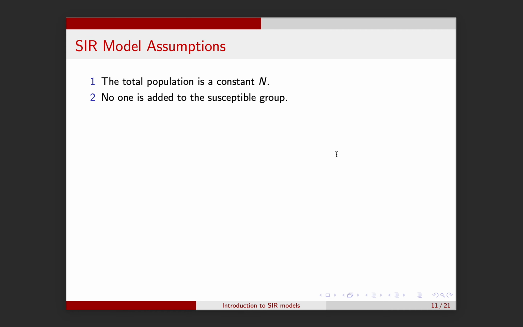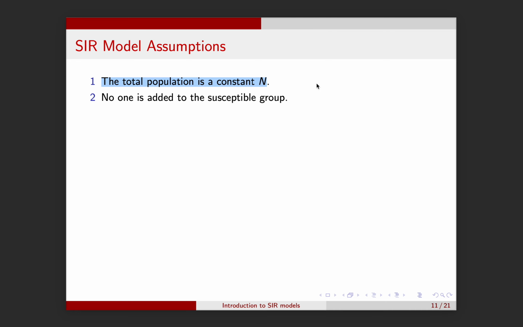So now let's set up the actual assumptions that go into the model so that we can build it. The first assumption I've mentioned already: we're going to assume the total population is constant. This, of course, is not a literally realistic, accurate assumption. The thing is, though, SIR models are supposed to model things like measles, the flu.